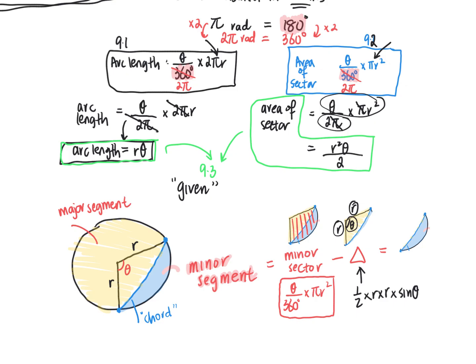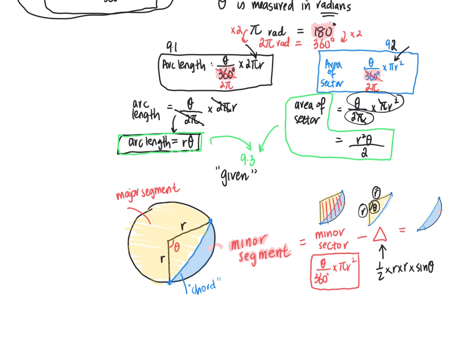So to find the segment, you know this formula from 9.1 and this formula from trigo. Then you can find the blue piece. Okay? So what if they want you to find the yellow one, the big one? Can you see there is actually the big piece?